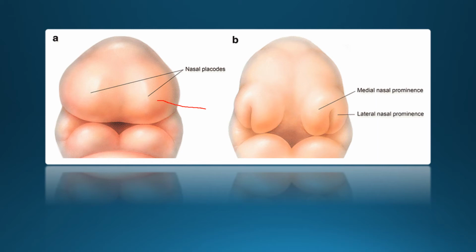This surface depression produces a pit-like structure which is called the olfactory pit or nasal pit. So this olfactory pit separates the frontonasal process into the medial nasal process and the lateral nasal process. This pit is connected to the stomatodeum only.